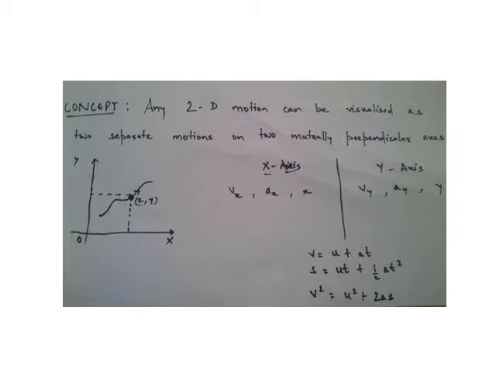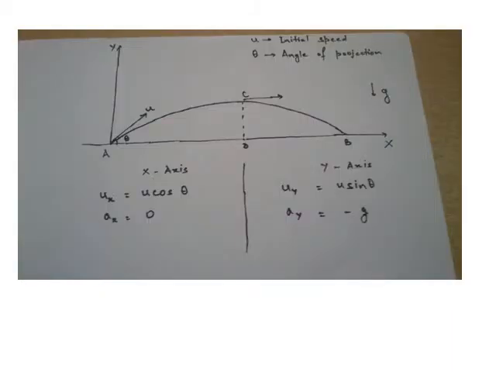Also, the position coordinate along the x-axis can be called x. Similarly, we can find vy, ay, and y. Now, after dividing various components of motion along these two axes, we can apply these equations of motion on x-axis and y-axis separately. Let us see how this concept works for projectile motion.